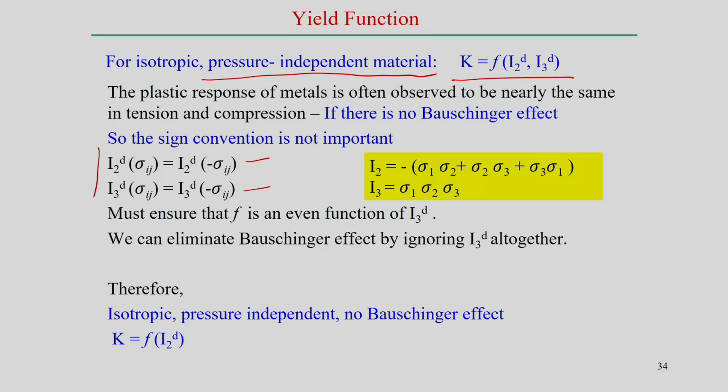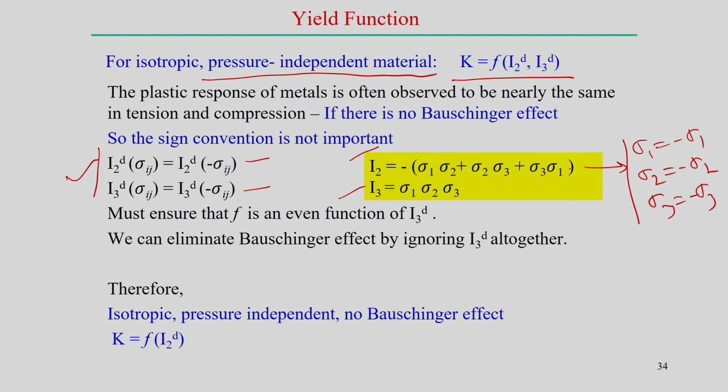So, to indicate no Bauschinger effect, the functional form should be an even function, satisfying these two conditions. Now, looking at the functional forms I2 and I3, or I2d and I3d, if we change the sign of sigma 1, sigma 2 and sigma 3 together, replacing sigma 1 with minus sigma 1, sigma 2 with minus sigma 2 and sigma 3 with minus sigma 3, there is no change of sign in the functional form.